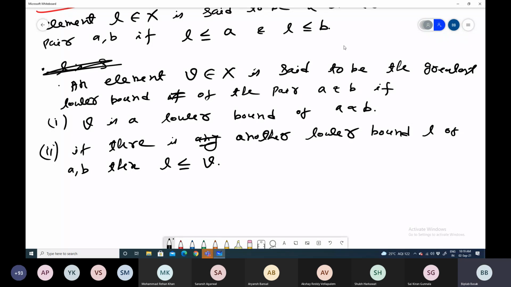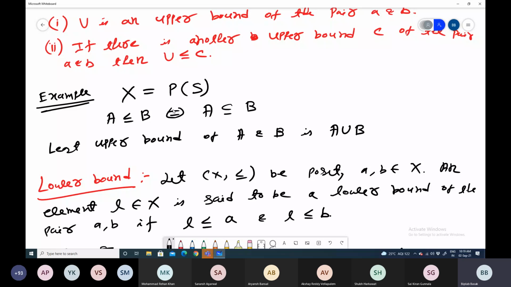So similarly, here in this example, what will be the greatest lower bound of A and B? It is easy to see that it is just A intersection B. Good.